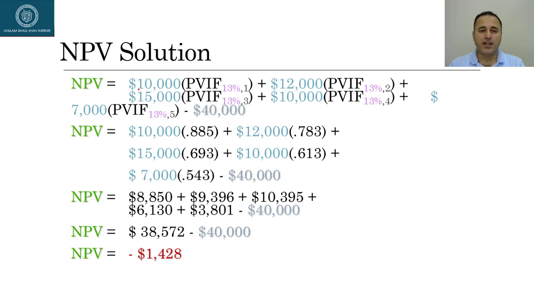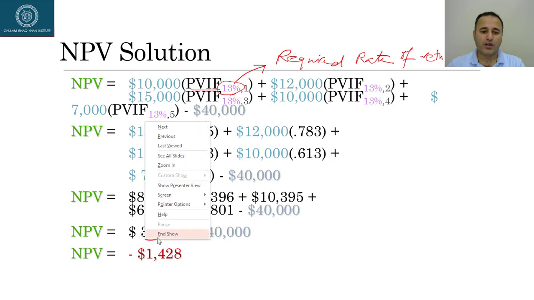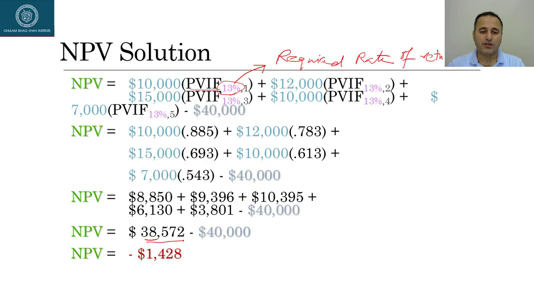We can use the table which is given at the end of the book. Once you plug in all those present value interest factors for 13%, which is the required rate of return, in this case K, I calculate the present value of all cash inflows.